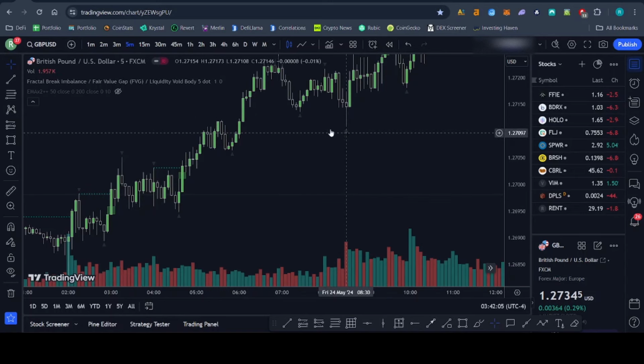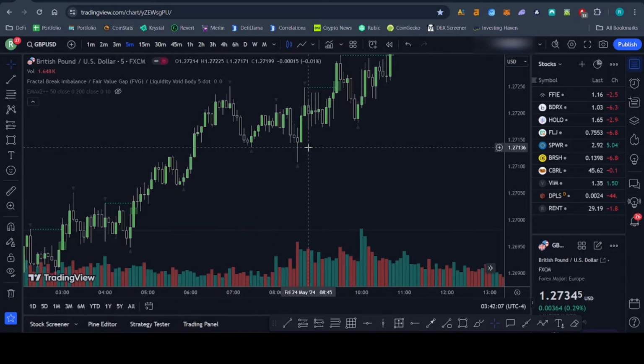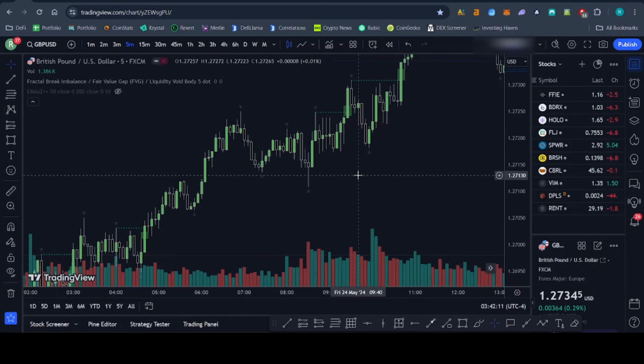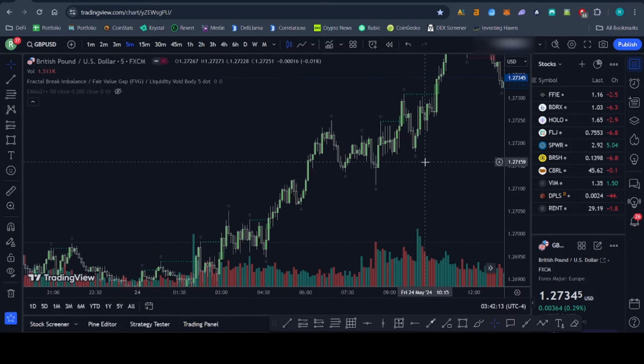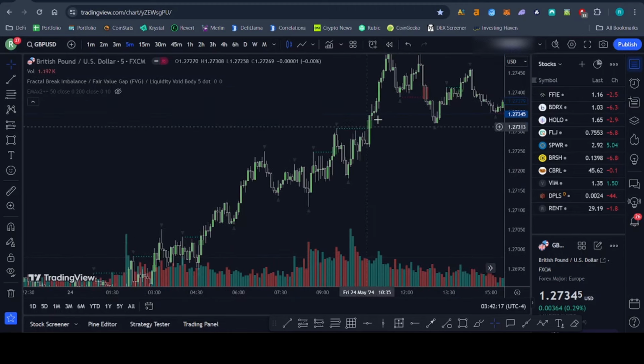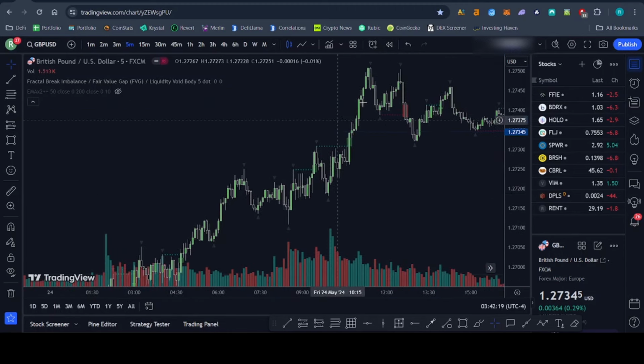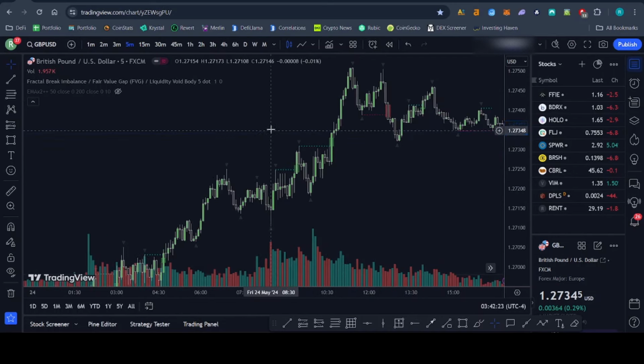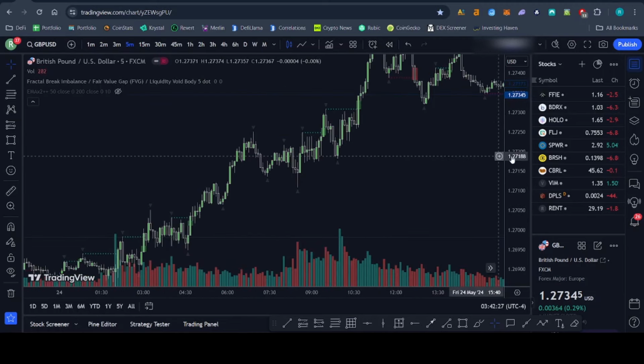This is simply a liquidity sweep or a manipulation because we didn't close below this low. So that's one thing to be careful with fractals, but they do make it a little bit easier to see where the highs and the lows may be, and it makes it easier to get used to reading the charts and the price action.